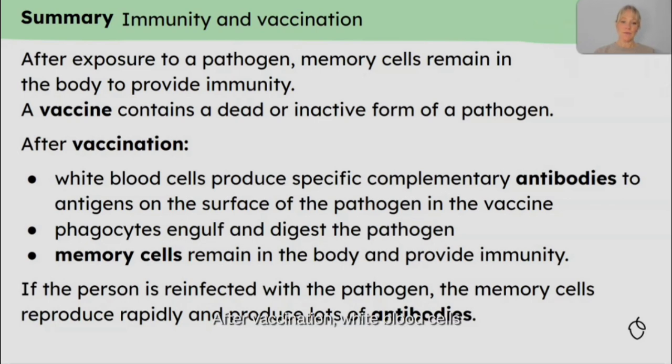After vaccination, white blood cells produce specific complementary antibodies to antigens on the surface of the pathogen in the vaccine. Phagocytes engulf and digest the pathogen. Memory cells remain in the body and provide immunity. If the person is reinfected with the pathogen, the memory cells reproduce rapidly and produce lots of antibodies.